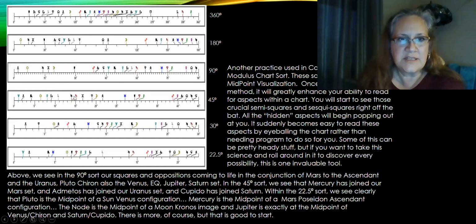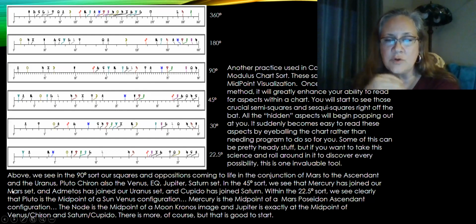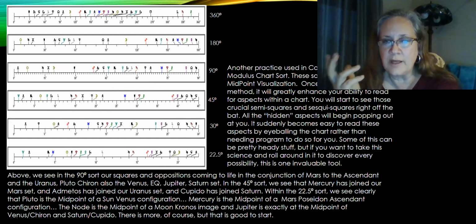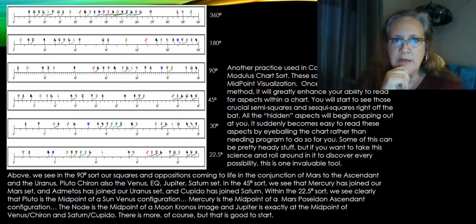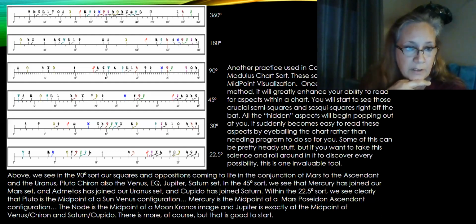So you can start to see relationships when you advance into this 45-degree sort, and into the 30 and into the 22.5. You start to see more relationships of the smaller aspects than what you see normally when you're just looking at a chart, especially for newbies, for people who are newly learning their aspects and the finer tuning of their knowledge that way.